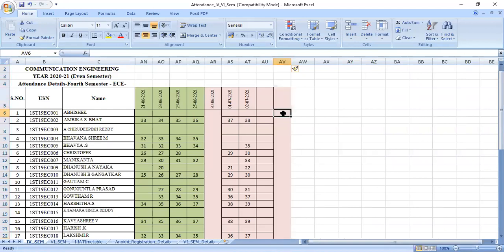Attendance. Ambika, present, ma'am. Bhavana, present, ma'am. Bhavana, so many days you did not attend the class. Bhavya, present, ma'am. Christopher is not there.